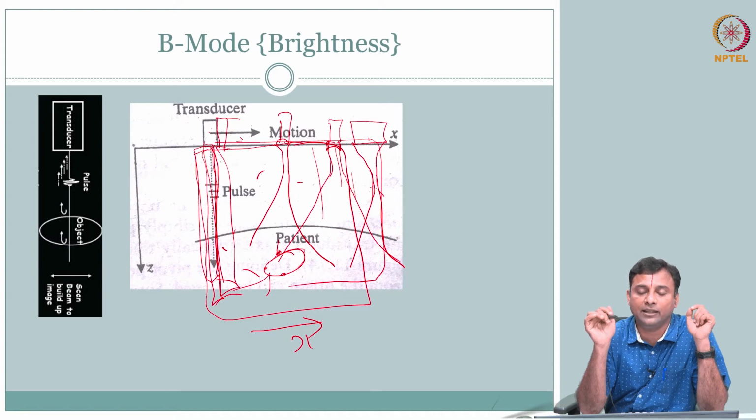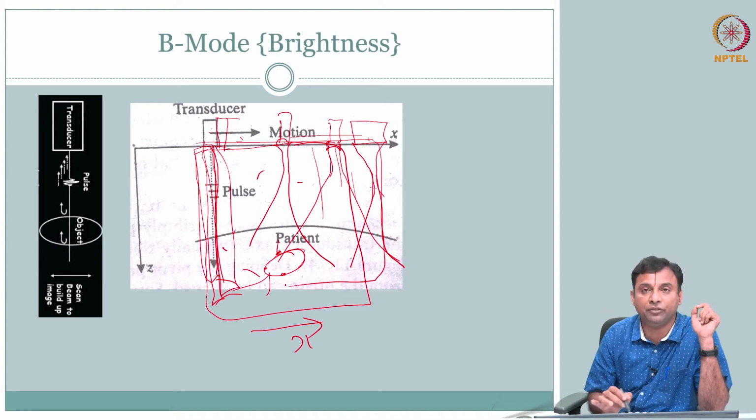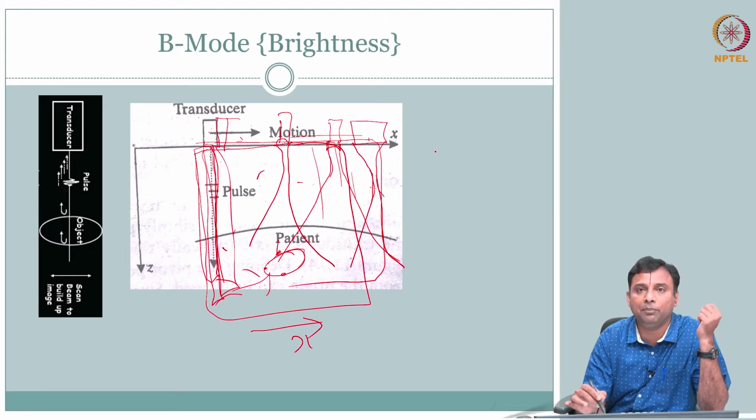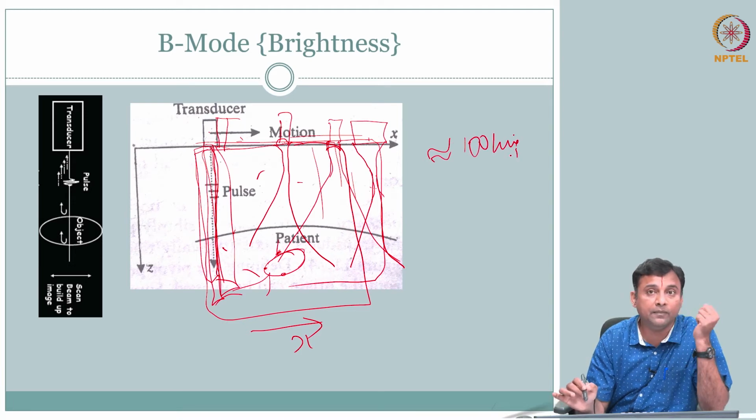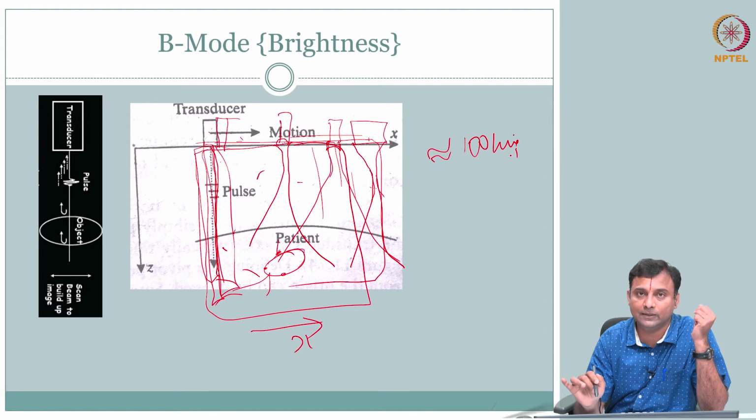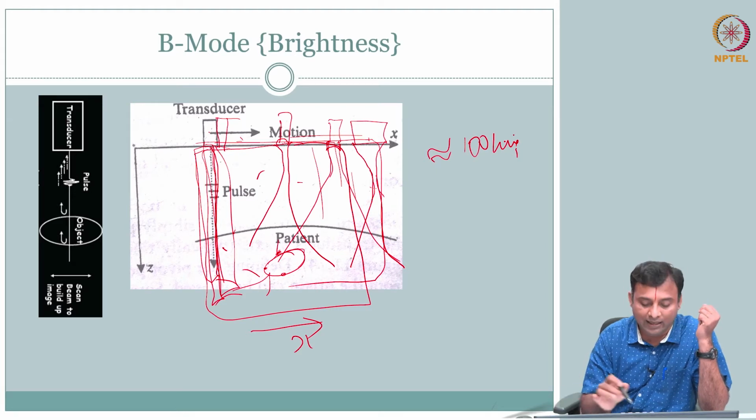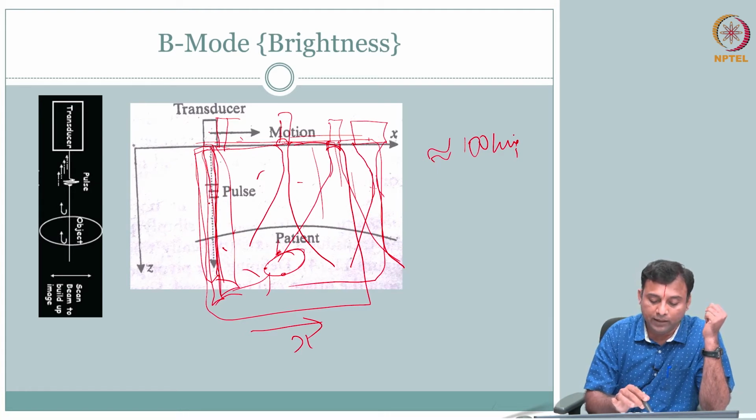If I have to construct an image frame, typically we get approximately 100 lines to cover the region. I have to send 100 pulses. But each pulse covers a certain width.